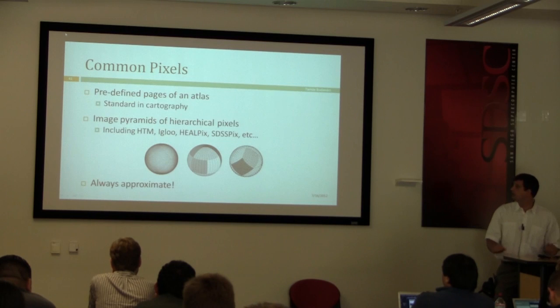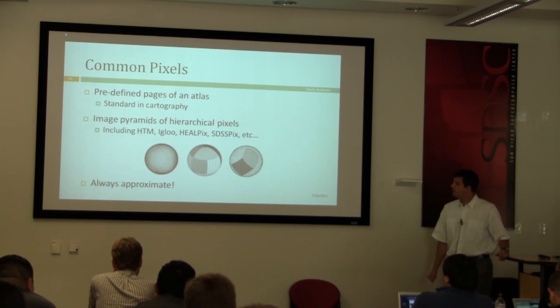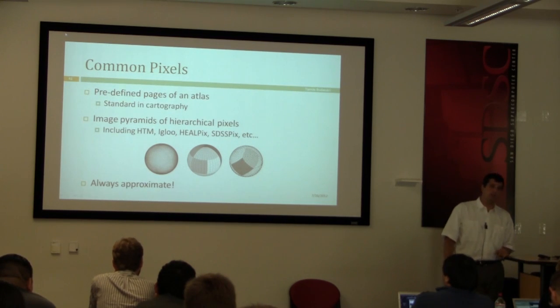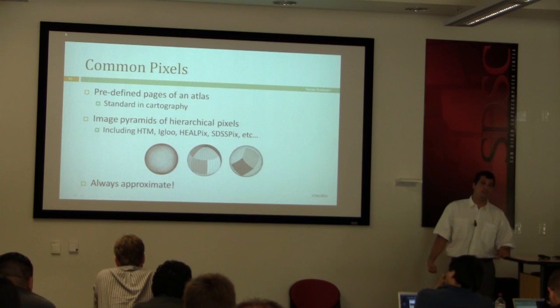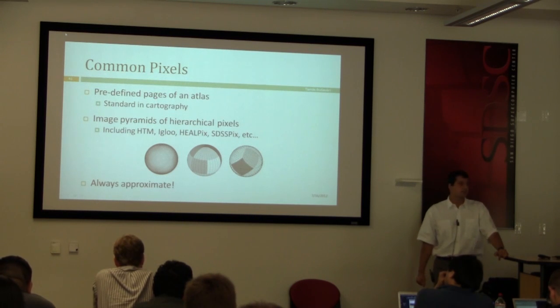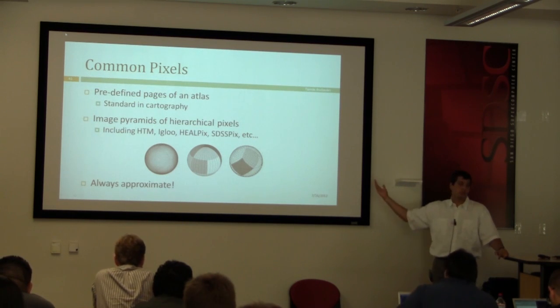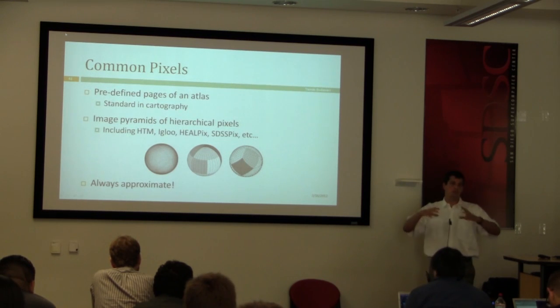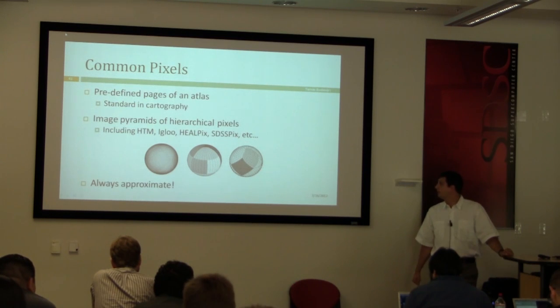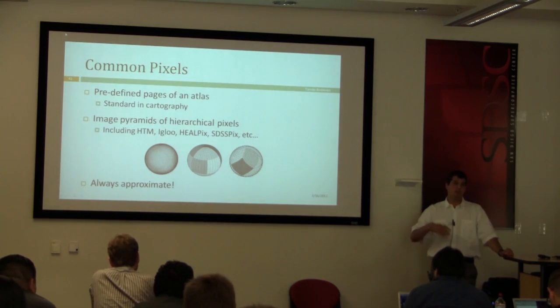Now, there are also other types of pixelization schemes that people have been using for different purposes, and they usually had analytic reasons that motivated these pixels. So the Sloan pixels, for example, were invented so that they would match the Sloan footprints and enable certain searches, but for everything else, they would be approximations.